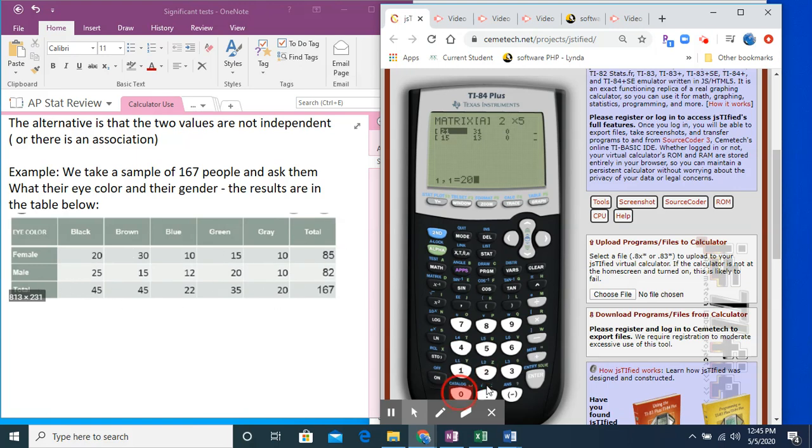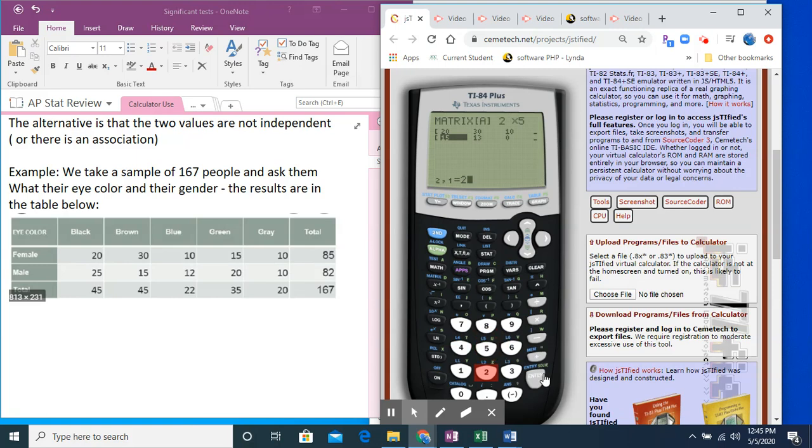So now if I put 20, 30, and you just keep hitting enter, it'll automatically go to the next spot in the same row until it exhausts them all. So 10, then 15, then 10. Now I'm going to go down to the next row, and it automatically did that. I didn't have to do anything special.